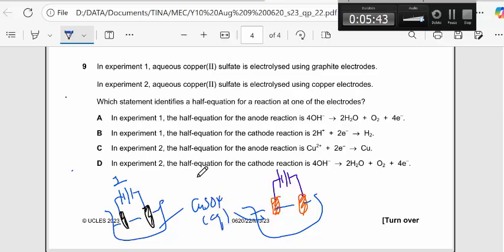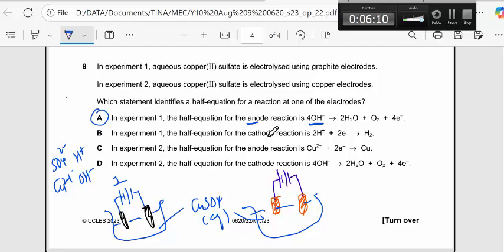Remember, I told you already: copper, hydrogen, sulfate. In experiment one, anode is anion, so you choose hydroxide.